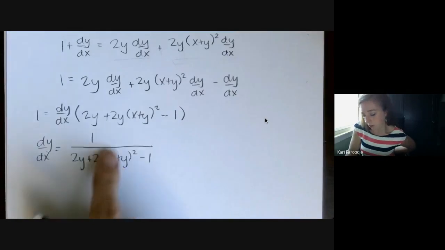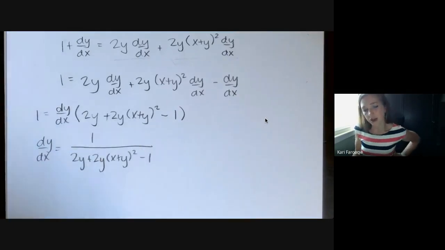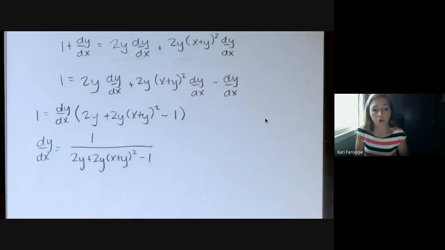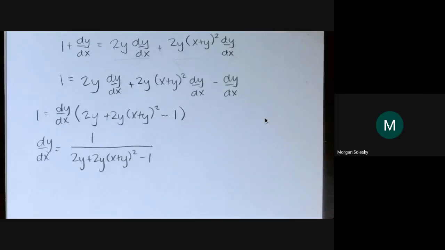I don't want to say algebraic mess, but you're getting into more work than you would have to do in that case. You could FOIL it out, but you don't have to. Does that answer your question? Yeah, it does. Thank you.